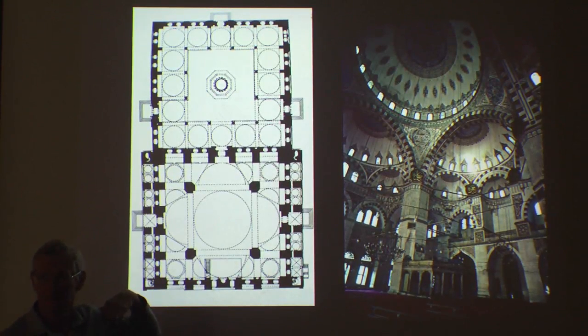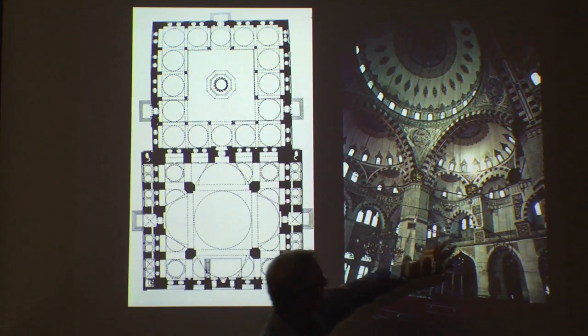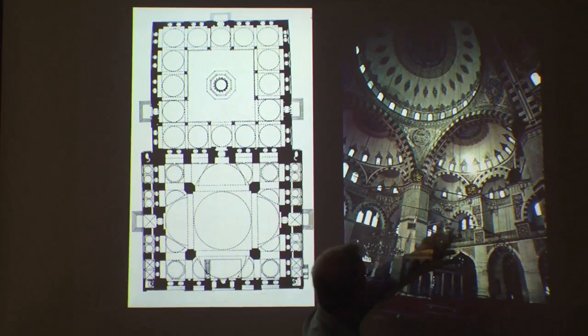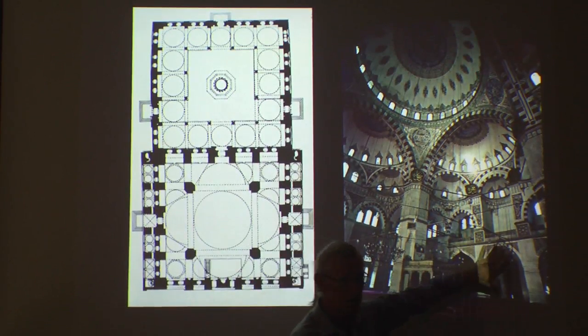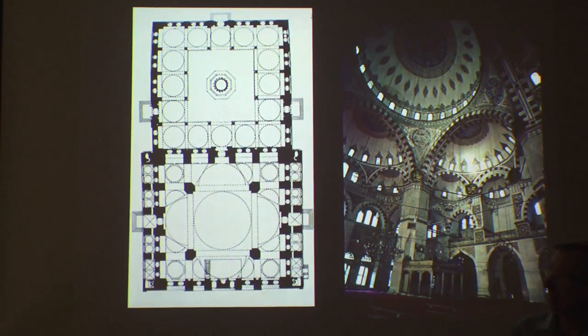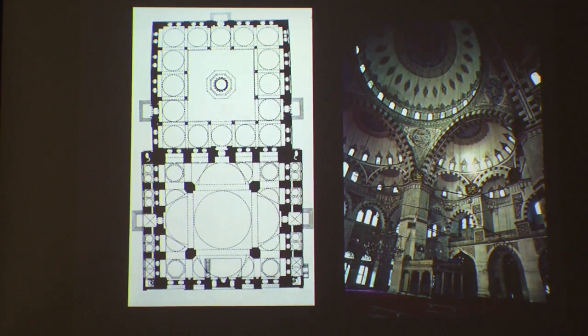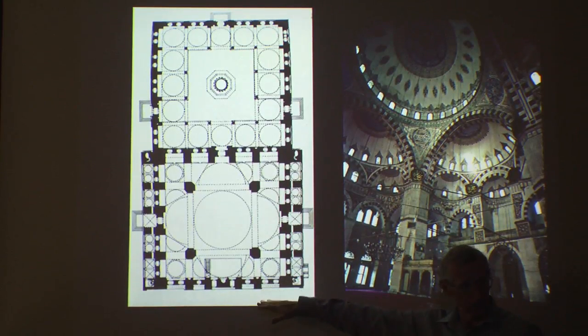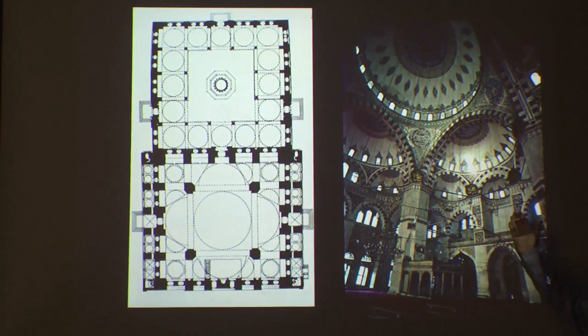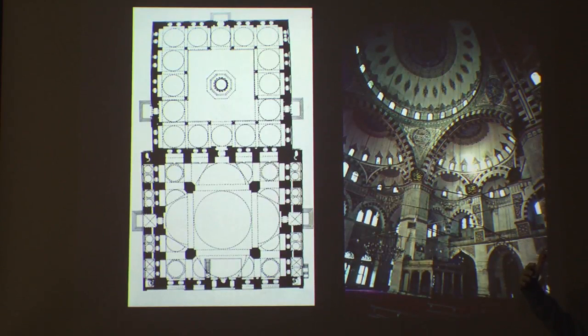It's not on the entrance one. Yes, there's a much deeper projection here than on here. So that has to be the entrance. Now, notice the difference. On the Qibla side, the projection is all on the outside. On this side, the projection of the buttresses is all on the inside.